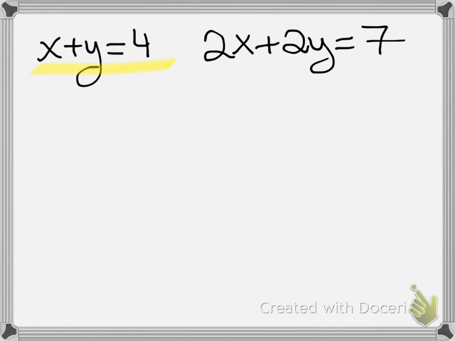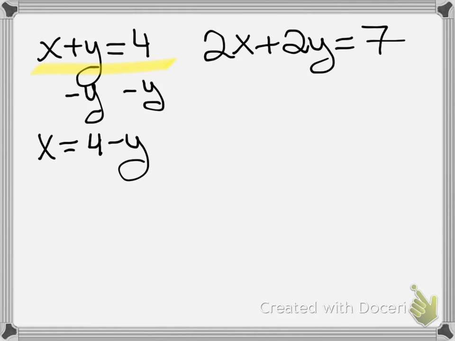Since we solved the other two for y, let's solve this one for x. So if I'm isolating x, I need to subtract y from both sides. So I get x is equal to 4 minus y. Well, now that I have a variable that's solved for, I have x equals, I'm taking my 4 minus y, and I'm replacing x with that.